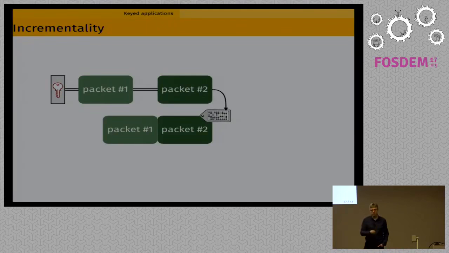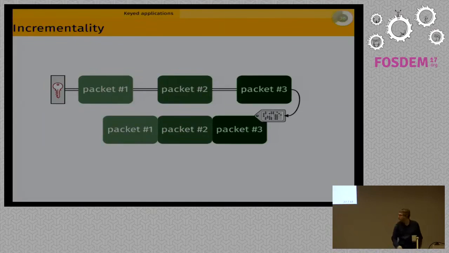What you want is a tag over the first two packets together, but you don't need to compute everything again. You just take the result of the computation with the first packet and extend it with the second packet. Then the tag you get is a tag over the concatenation of packet 1 and packet 2.